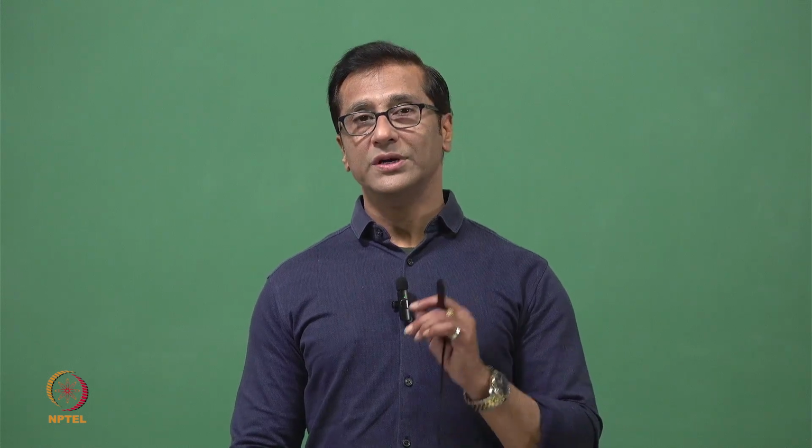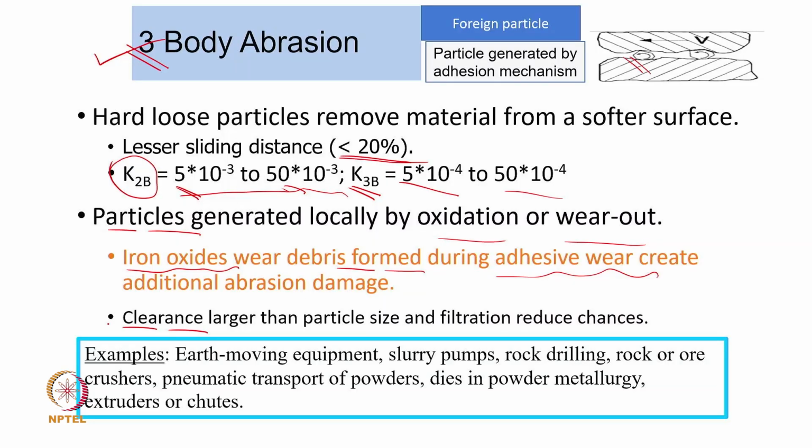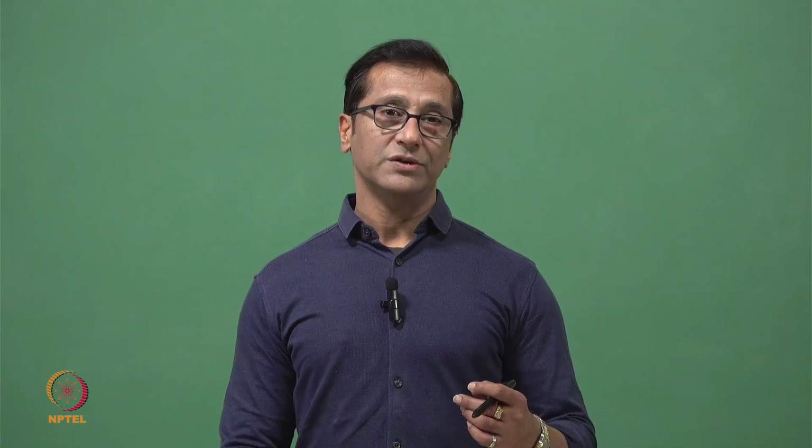So that's why many times we give an overall generalized solution compared to going to the complete solution. Now what we see is that anytime the particle size is bigger than the available clearance, particularly for the bearing case, then we really need to filter those particles, otherwise the damage will be much more severe.